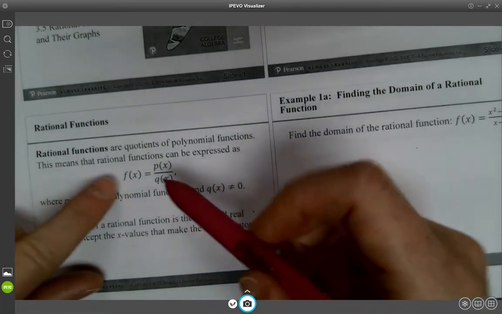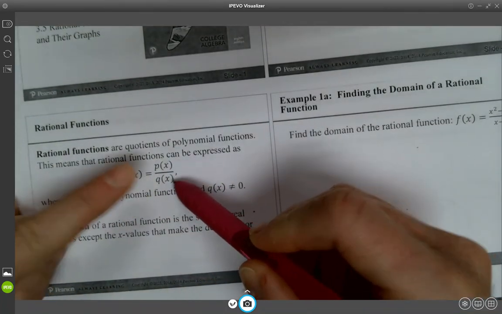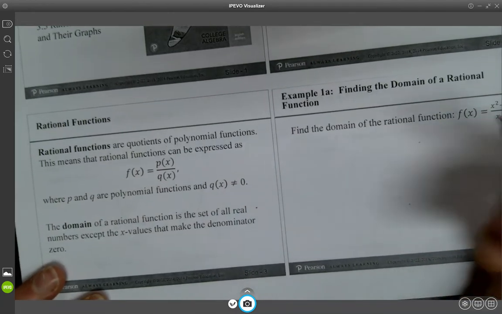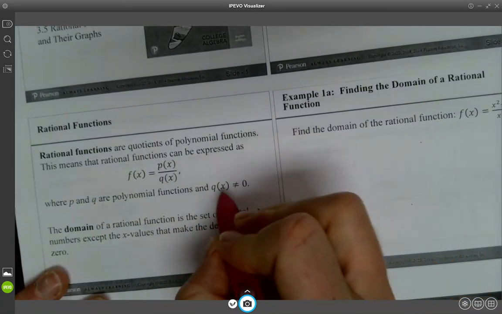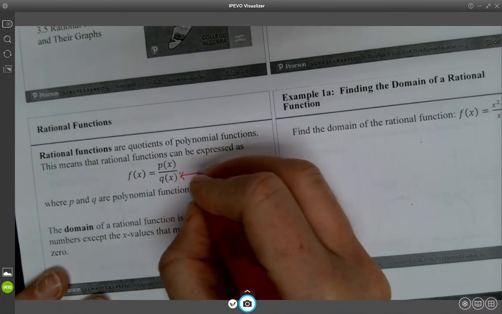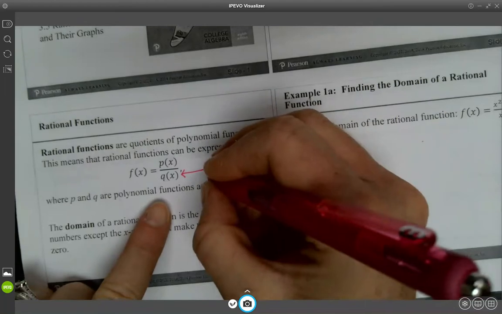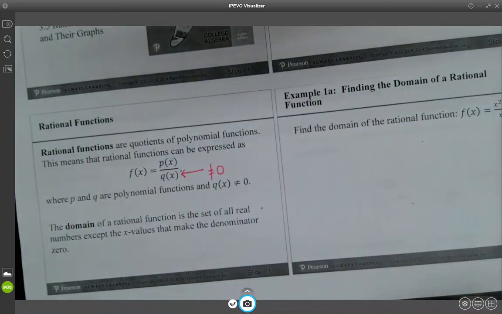A rational function is whenever you have a polynomial on top and a polynomial on bottom, and they're being divided. You do have to remember that q of x cannot equal 0, because when that happens, that causes an undefined point. So that is what we have to make sure of, it cannot be 0.